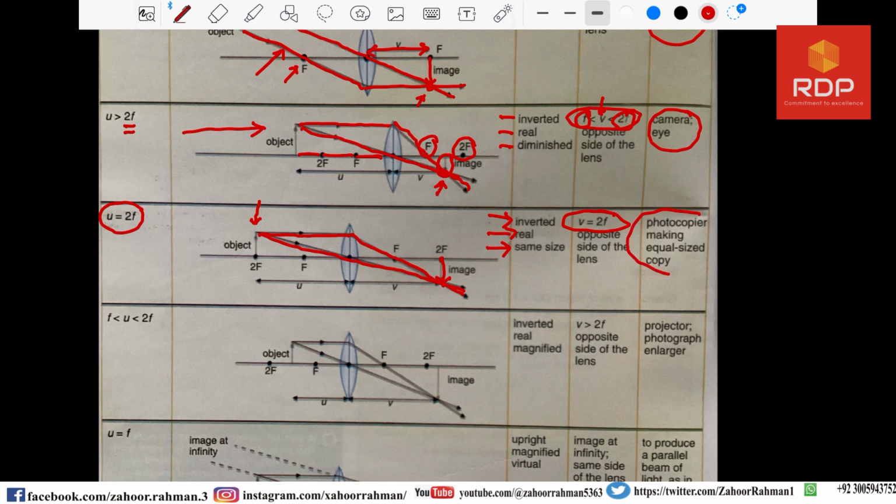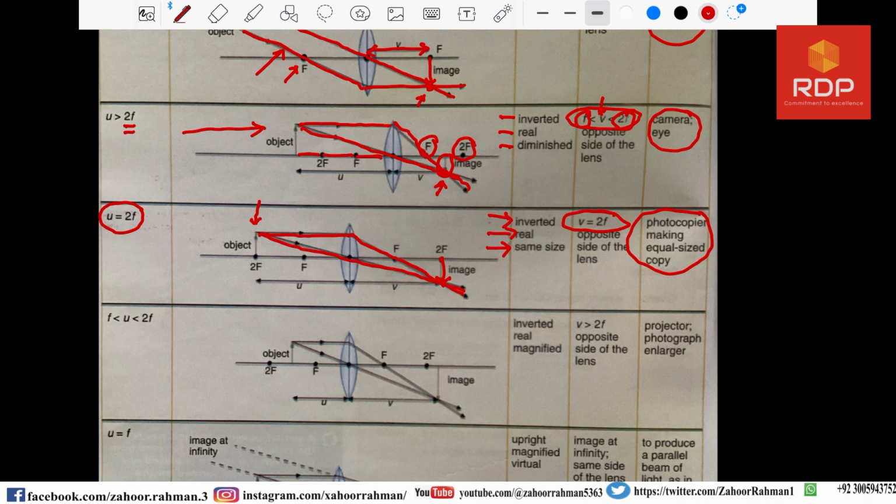This type of scenario is used inside the photocopier machine, and that is of equal size. In fact, you can make arrangements to diminish or enlarge it, but by default they are of the same size, and that is quite right as well.